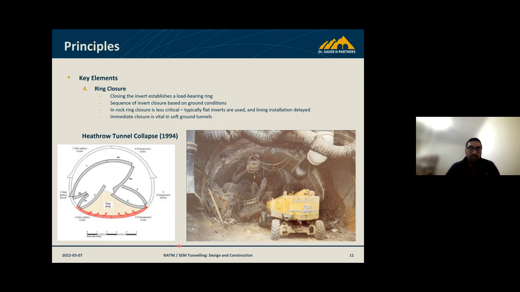Like I said, there are a lot of different aspects, and I don't want to attempt to quantify all of it and give a full rundown. But one of the key takeaways was that the ring closure wasn't clearly understood and wasn't adequately implemented in the field, and that created this invert heave and quite a substantial collapse in that tunnel.